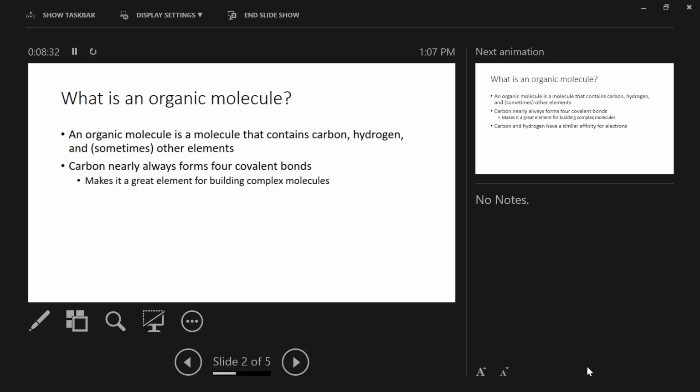Yeah, I get it. So a couple more pieces about these organic molecules. One is we need to note that carbon and hydrogen have a similar affinity for electrons. And what I mean by similar is it's almost exactly the same affinity for electrons. So carbon is just as good at attracting electrons to its nucleus as hydrogen is at attracting electrons to its nucleus.